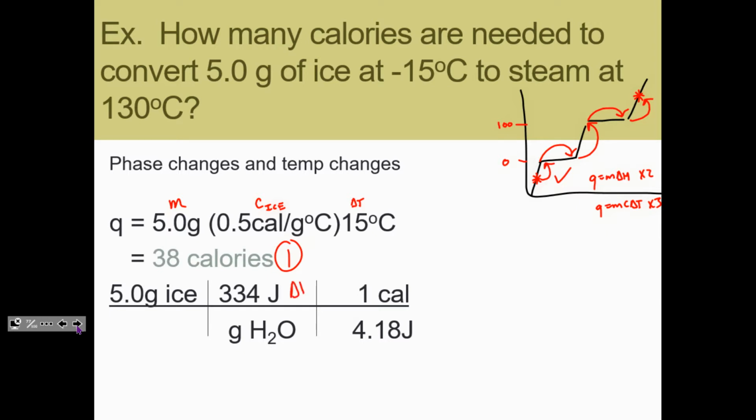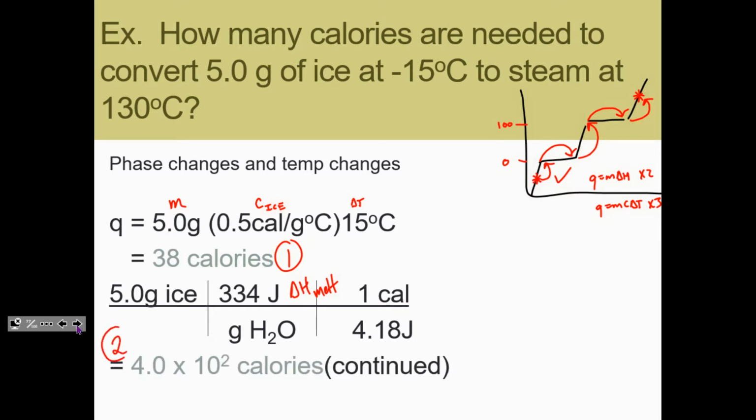They're using the delta H for melting. And then they're converting joules into calories so that I can keep all my units the same. And so for the second step, they get 4 times 10 to the second. So that's step 2.